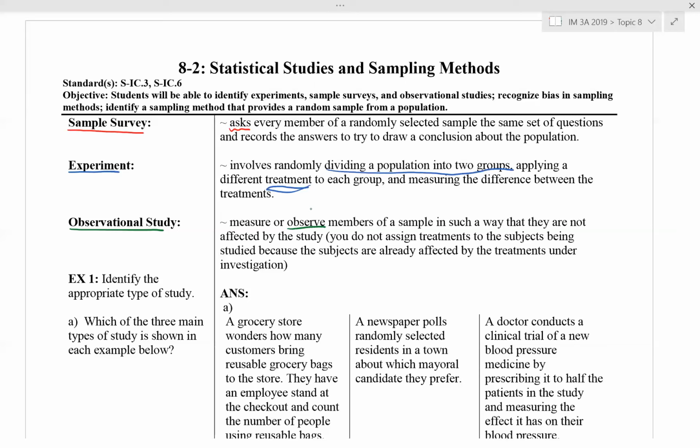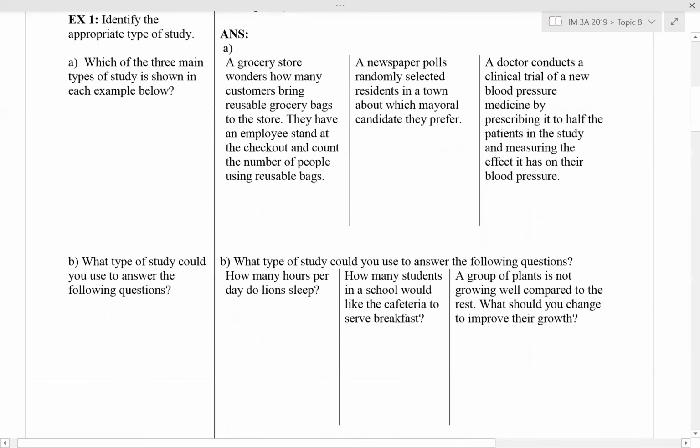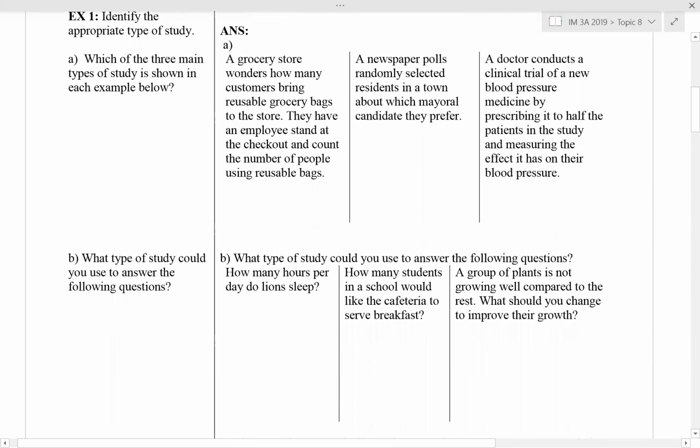So in example 1, we're identifying which type of study is shown in each of the examples. In A, a grocery store wonders how many customers bring reusable bags to the store. So they have an employee stand at the checkout and count the number of people using reusable bags.